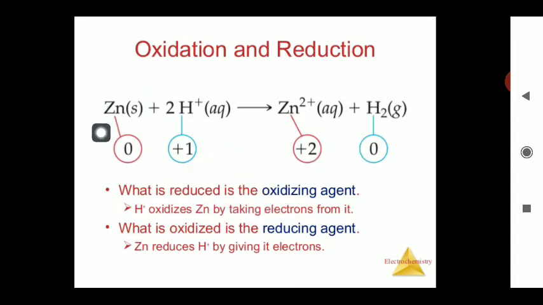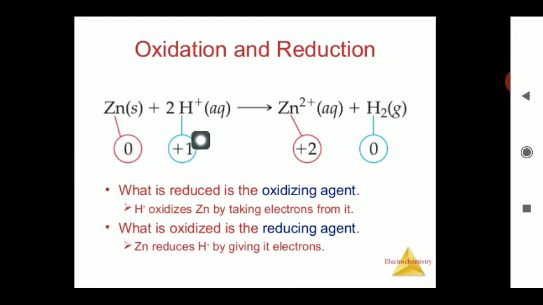This is zinc, and when this zinc is added in an acidic medium, the 2H+ ion comes from any acid. This acid may be H2SO4, HNO3, or hydrochloric acid. Whenever zinc is added to hydrochloric acid or sulfuric acid, the reaction takes place like this.